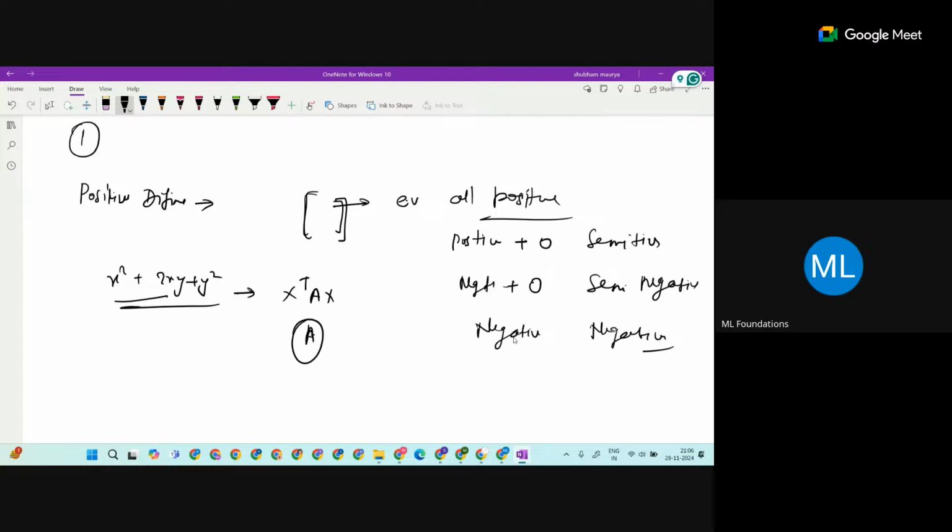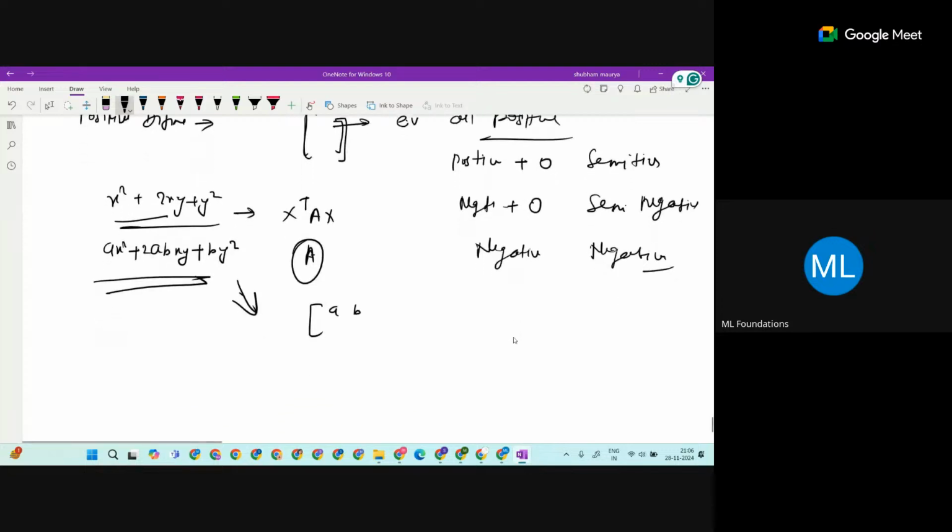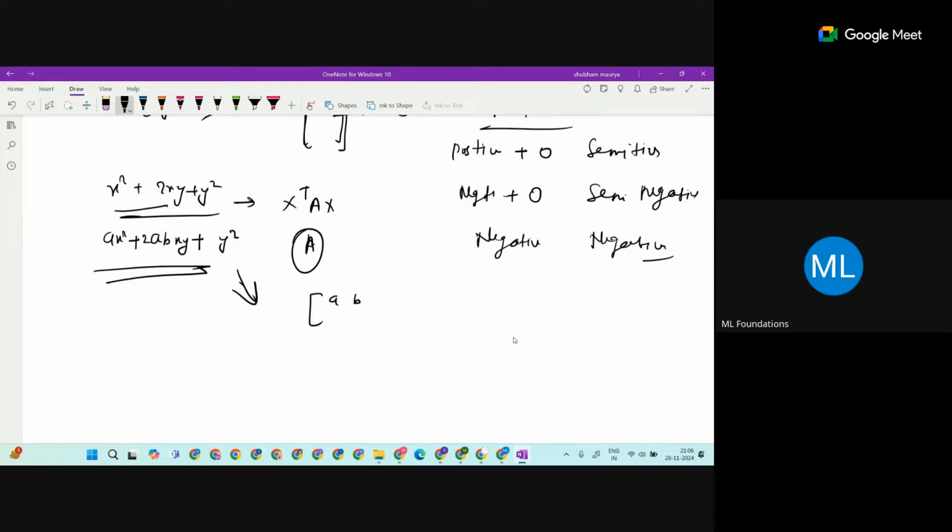If it is written like this, ax square plus 2bxy plus cy square, and you compare with this, then here it is 1 1 1 1. So our A is going to be a, b, b, c.